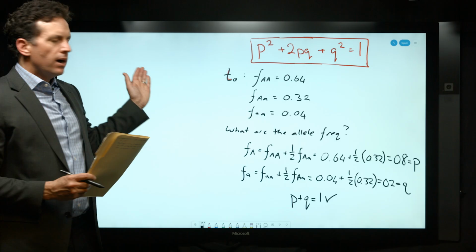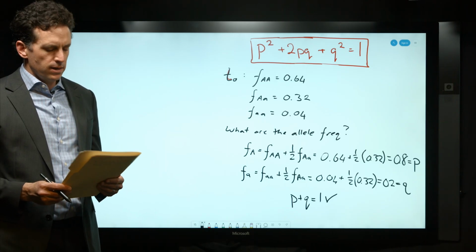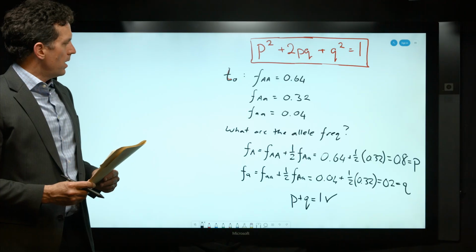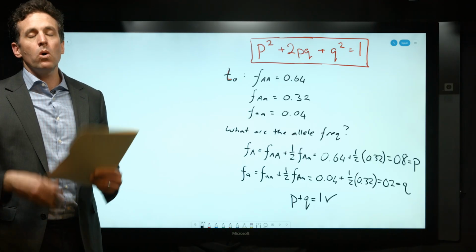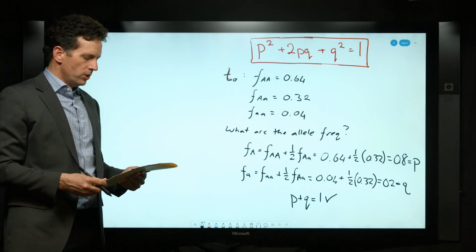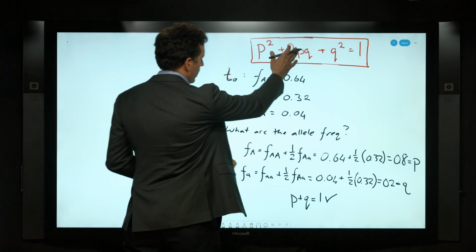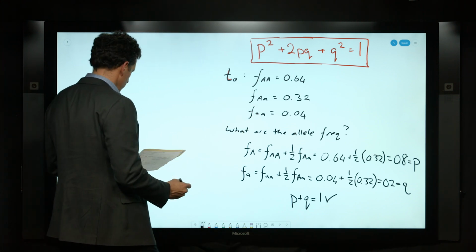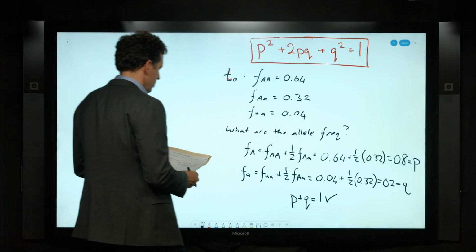Okay, so we have our current genotype frequencies. We can calculate the allele frequencies in the current generation. And what we'd like to ask is, what are the genotype frequencies going to be in the subsequent generation? Okay, and so to do that, of course, we can use Hardy-Weinberg's law up here. And so let's compute that for the subsequent generation.